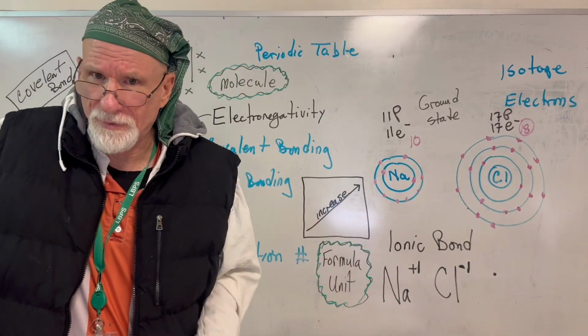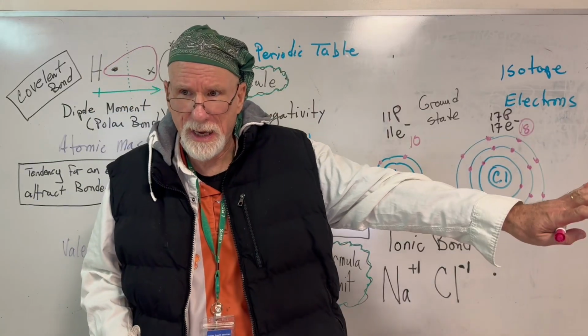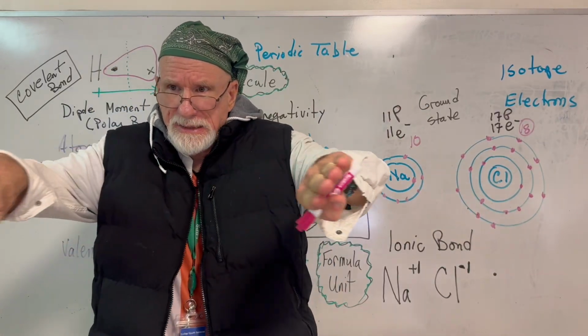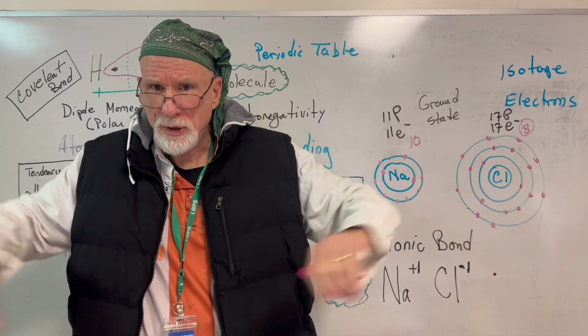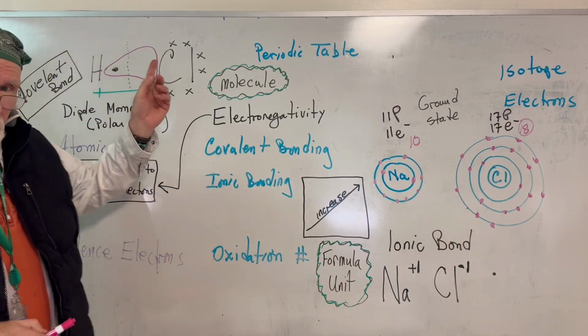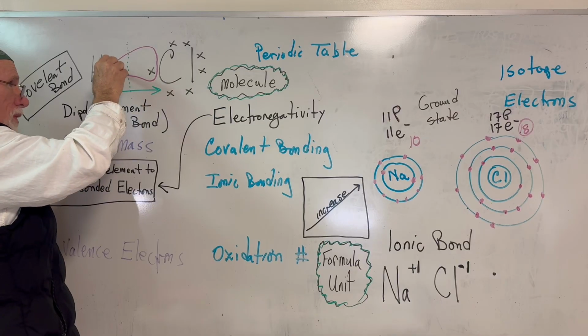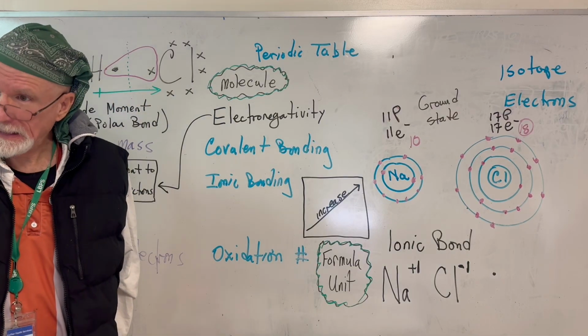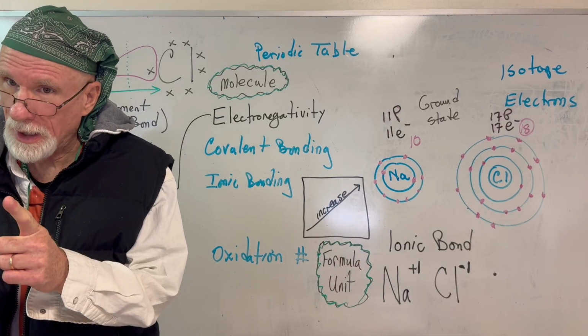Like Democrats over there, Republicans over there, boys over there, girls over there. You're creating a difference between the two groups. Clear? You're creating a polarity by having this shift. Now look at this. This has 7 electrons plus 1 is 8. Helium has 2 electrons. Hydrogen has 1.